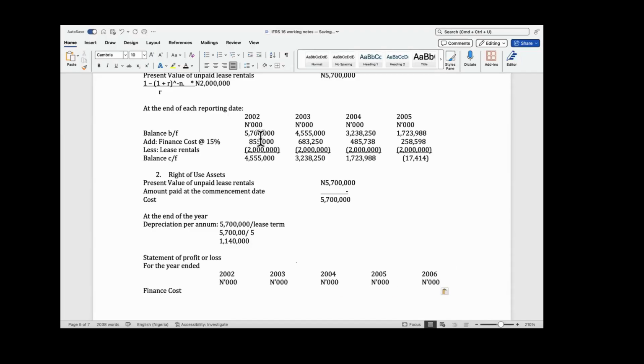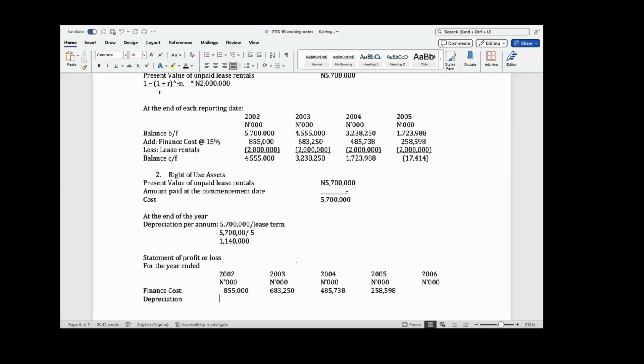My finance cost in 2002 was 855,000. For 2003, 683,250. For 2004, 485. For 2005, 258.